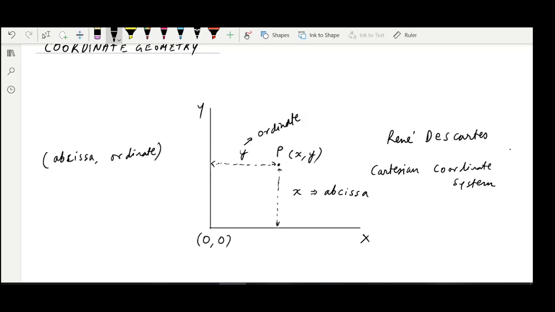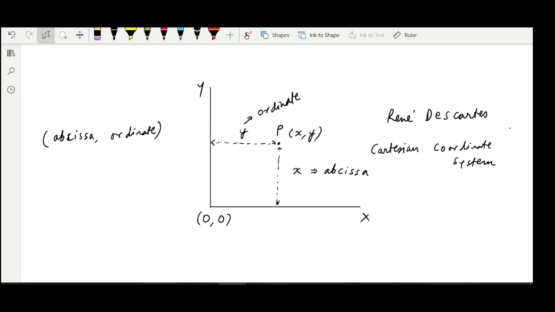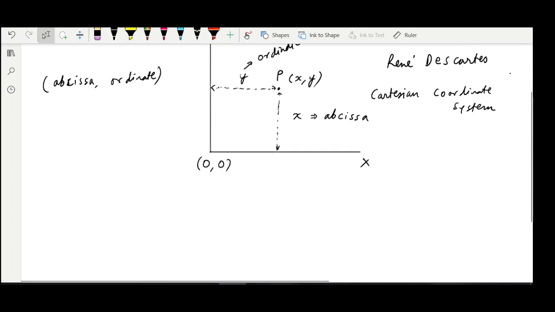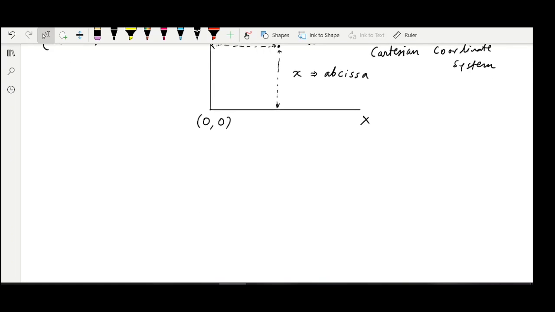Now we'll see the distance between two points. As you have already studied in high school about the distance formula, I will give a recap of that.